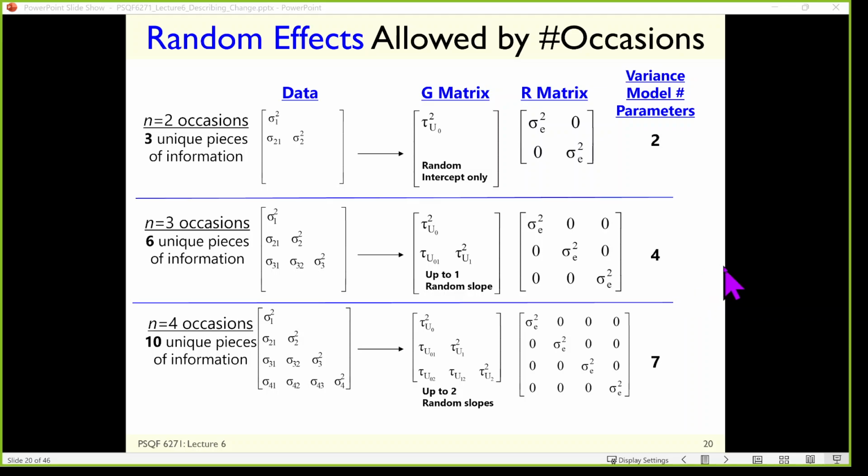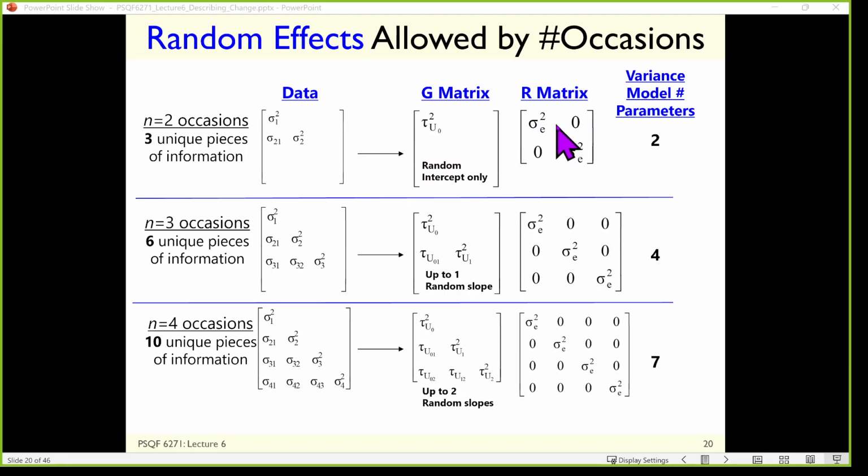All right, here is why you need the number of occasions that you do to fit different things. This is the exact same concept of degrees of freedom as you would have learned it in structural equation modeling. It is not different. So we're focusing only on the variances and covariances over time for right now. This is a discussion about random effects, not fixed effects. If I only have 2 occasions, in terms of the pieces of information that would allow me to estimate my model parameters, I would have 2 variances and a covariance.